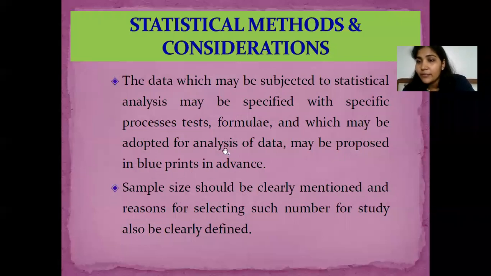For example, you want to calculate the BMI of subjects who have enrolled. For BMI, you need weight and height. For that, you will be creating a formula beforehand only. So as soon as people enter their body weight and height into the system, the BMI is automatically calculated. This is a very simple example.